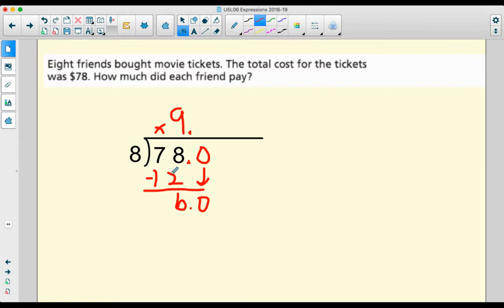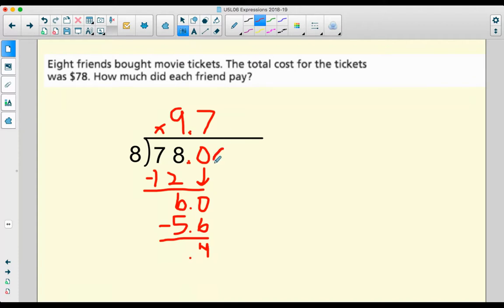Now how many 8s go into 60? I think there's 7 8s in 60. 7 multiplied by 8 is 56. 7 tenths multiplied by 8 would be 56 tenths. Now when I subtract, I have 4 tenths left over. Well, those 4 tenths still need to be paid for those tickets, don't they?